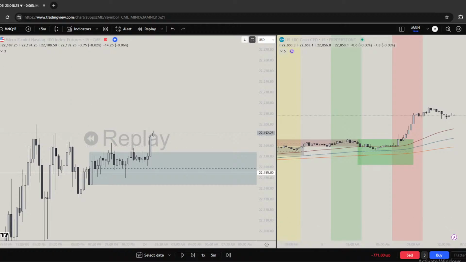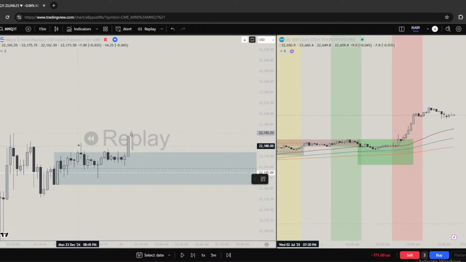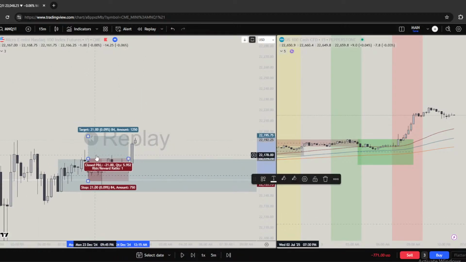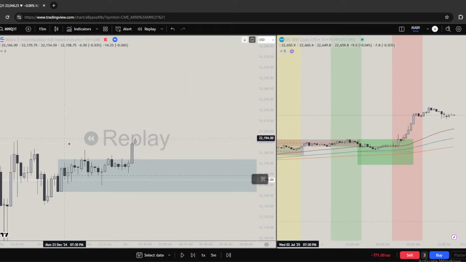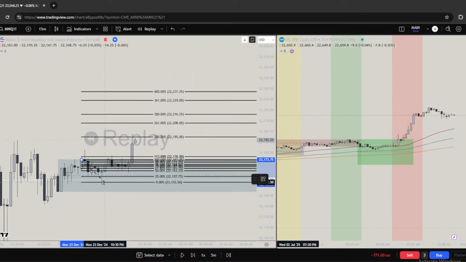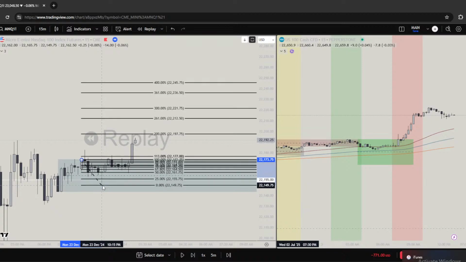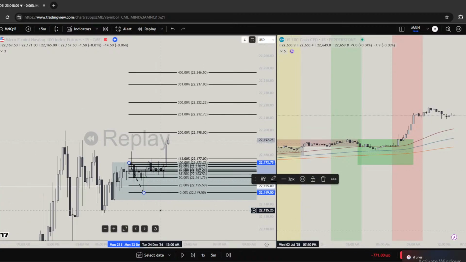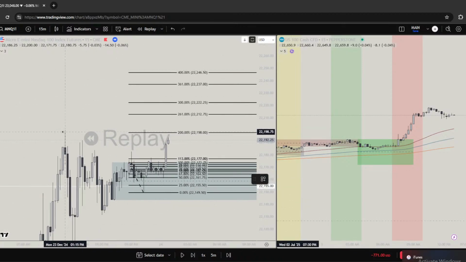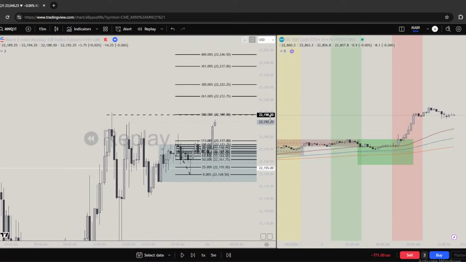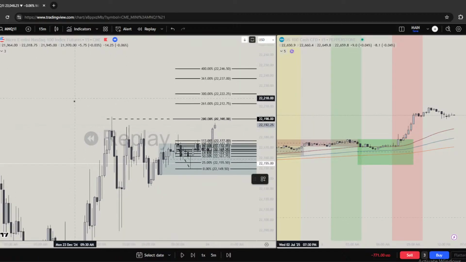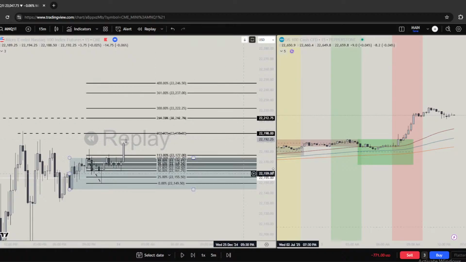Okay. Price is manipulating higher. We run that fear from that high to the low. Okay. I'm looking for price to sell off around here. If not there, I'm looking for price to sell off around the 261.